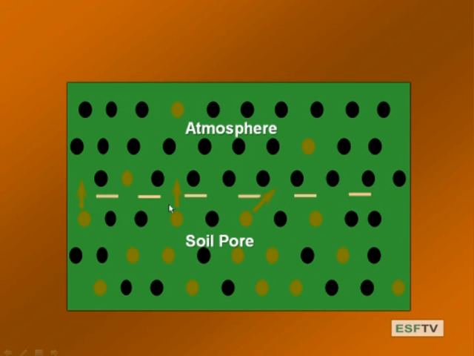At the same time, the concentration of oxygen molecules is higher in the atmosphere, and by diffusion they tend to move inwards, so they diffuse into the soil. So oxygen diffuses in, carbon dioxide diffuses out. Oxygen in, carbon dioxide out. Again, this is a response in concentration to a gradient.